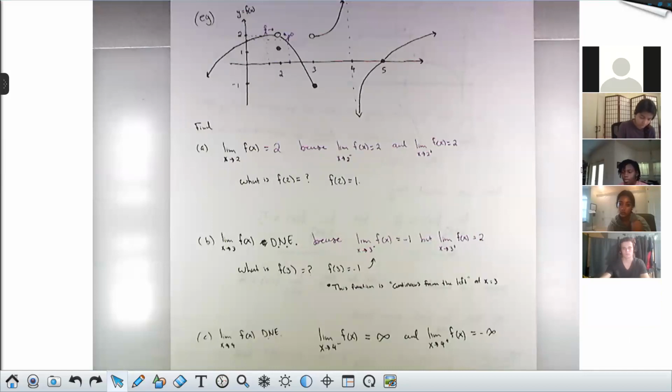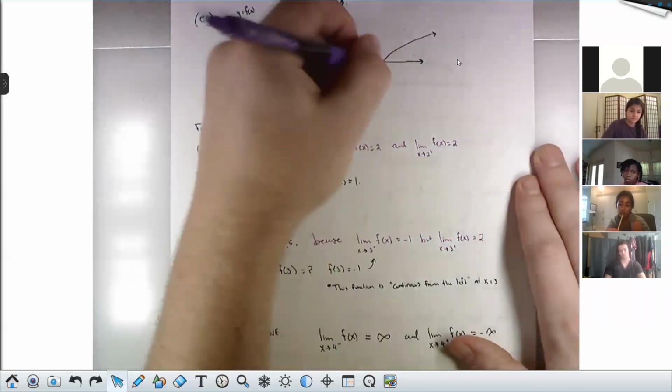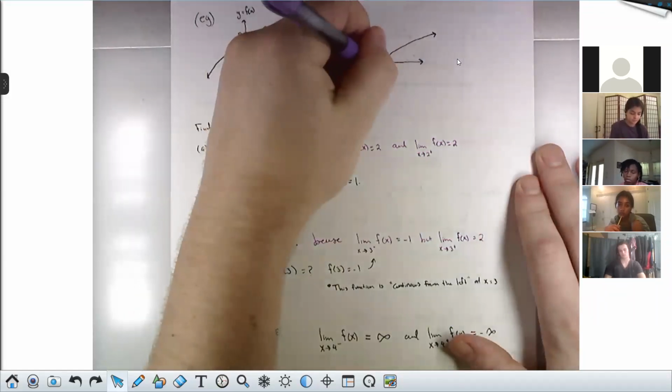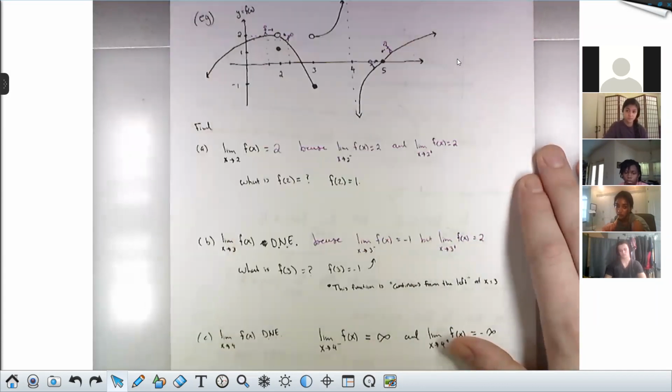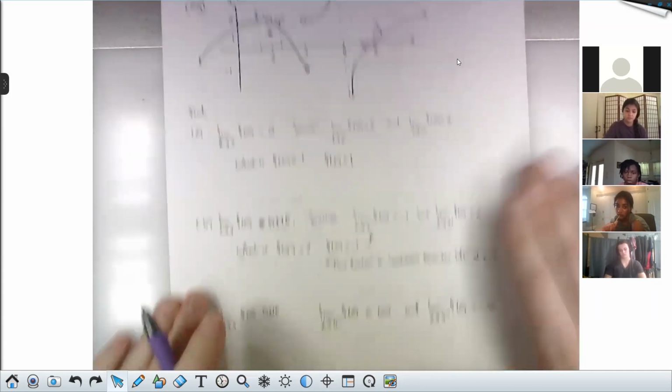The limit as x approaches 5 is equal to 0. That's true, yes. So if you imagine a little guy walking along the graph with his x coordinate getting closer and closer to 5, coming from either direction, his y coordinate is getting closer and closer to 0.